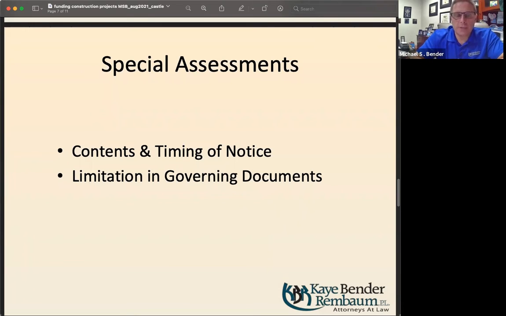Speaking generally, if the project for which you're doing the special assessment addresses necessary repairs or maintenance versus a material alteration or a capital improvement, if it's that necessary maintenance or repairs, then there is law that supports, and it's case law, not statutory, case law that's been in place for decades, that the board not only has the right, but an obligation to undertake these repairs.